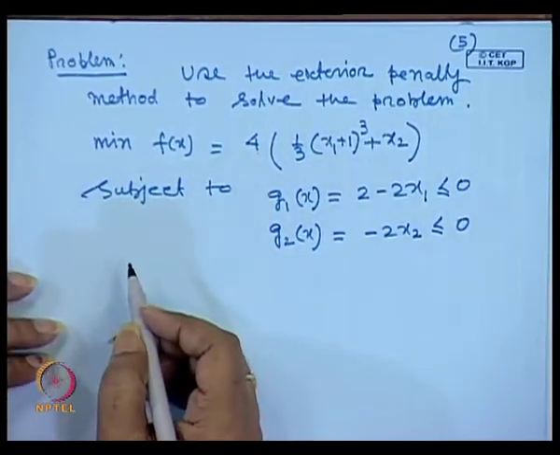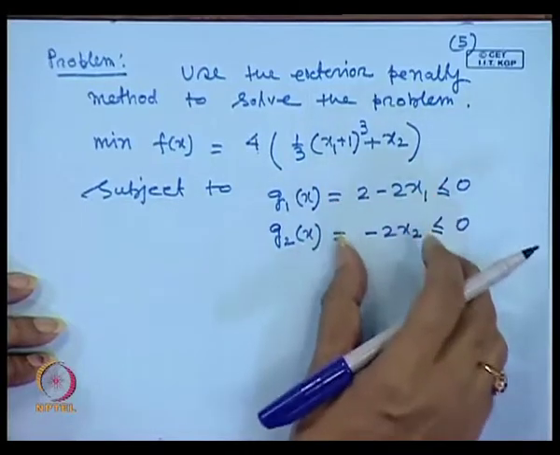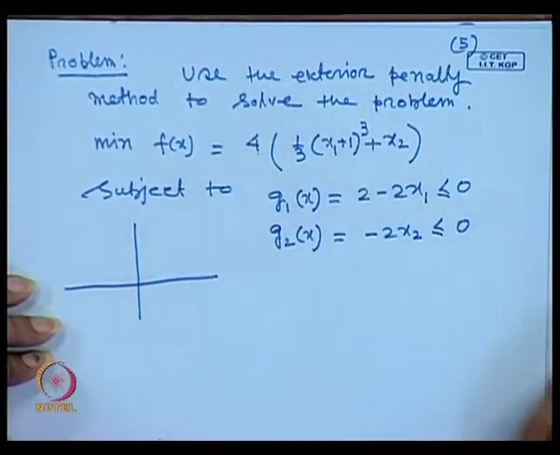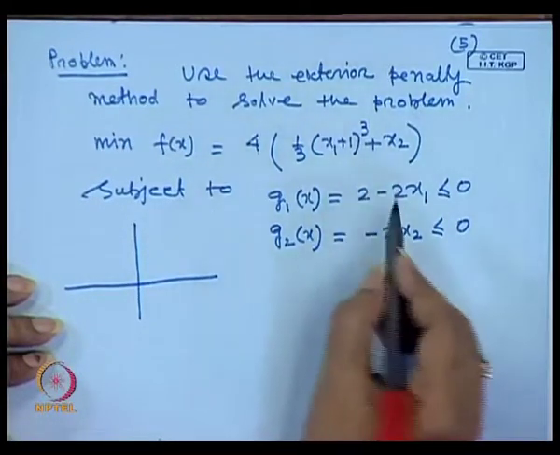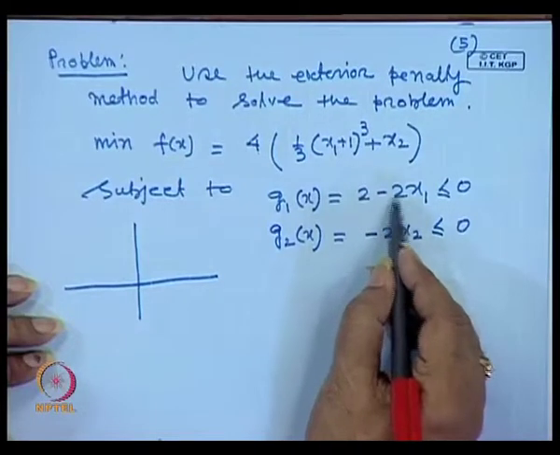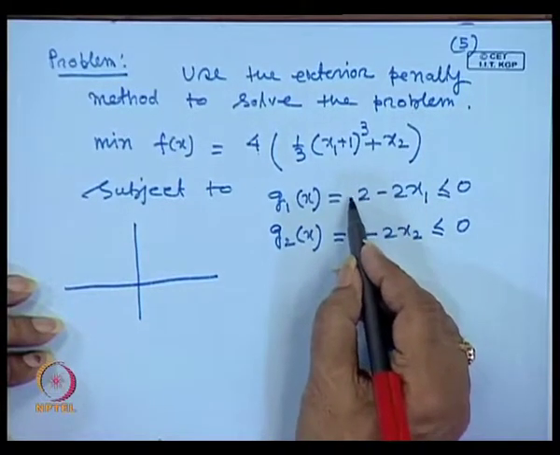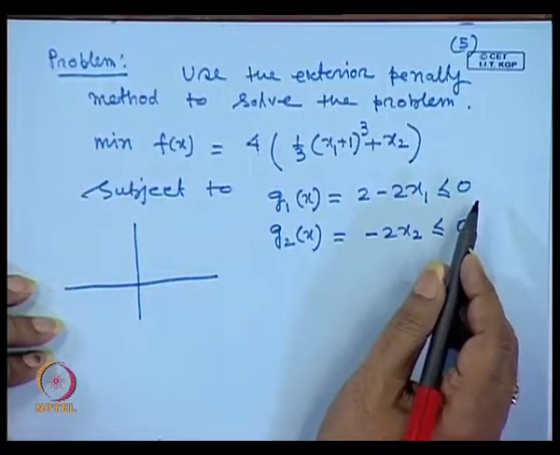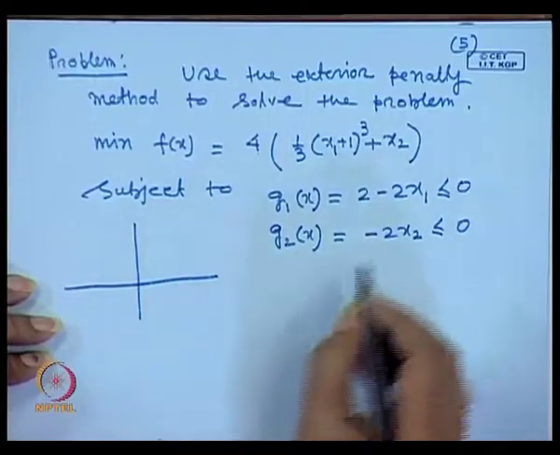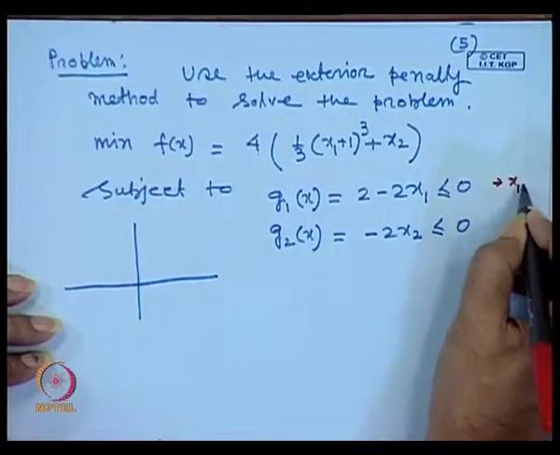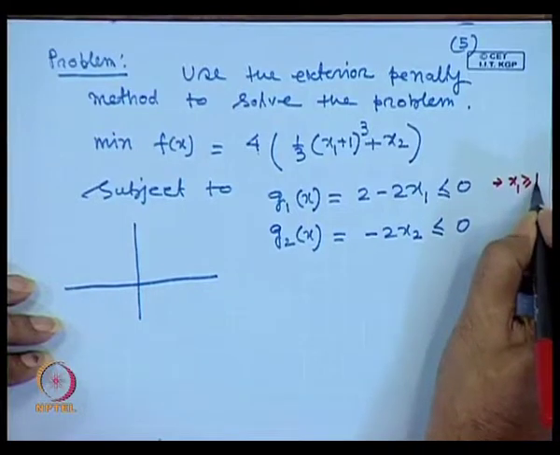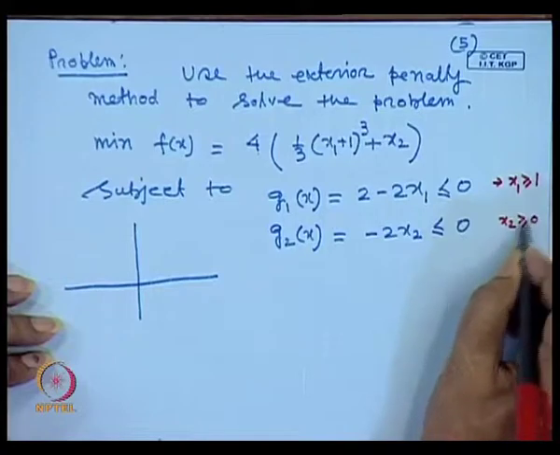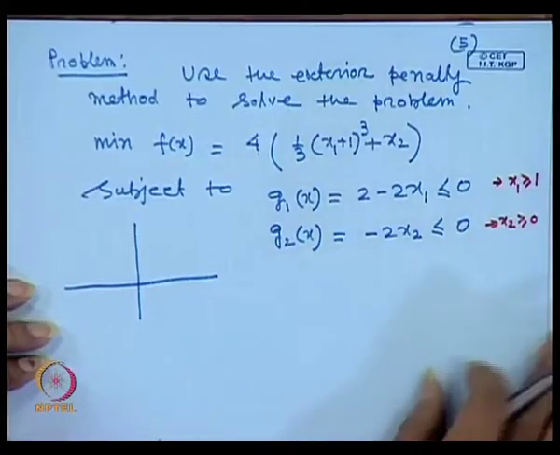If you see carefully what these two equations indicate, our region is here. We can write it as minus 2 plus 2 x 1 is greater than or equal to 0, so this implies x 1 is greater than or equal to 1, and the other one is x 2 is greater than or equal to 0.